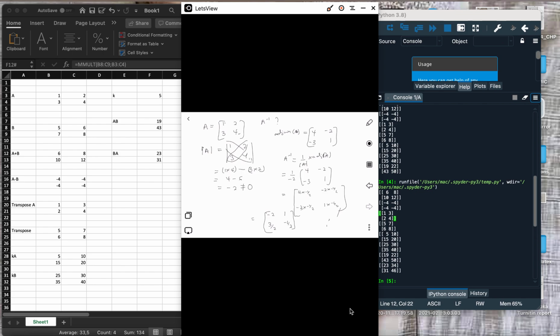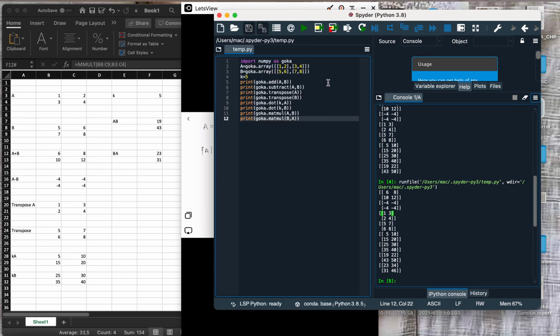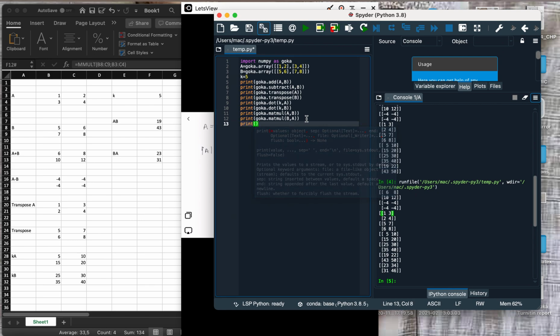Okay, now let's see if we can do the same thing in Python. All right, so since we are using the same matrix, matrix A, we don't need to rewrite the entire thing. We just simply type print, np dot.